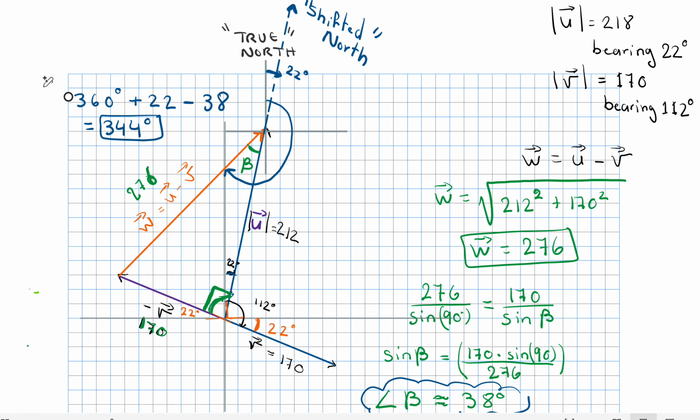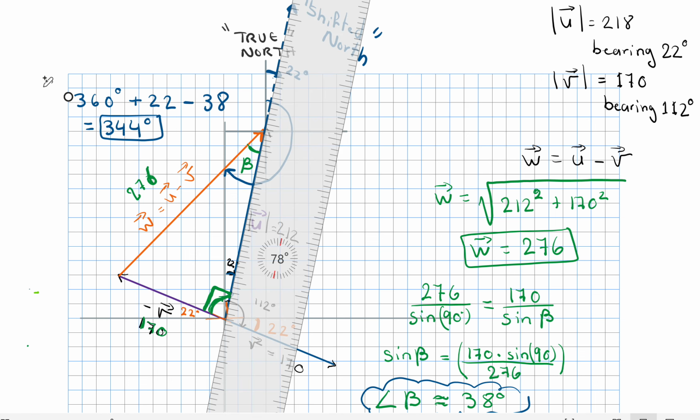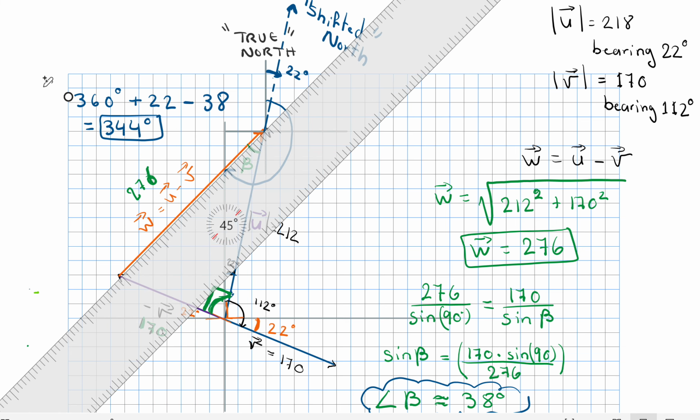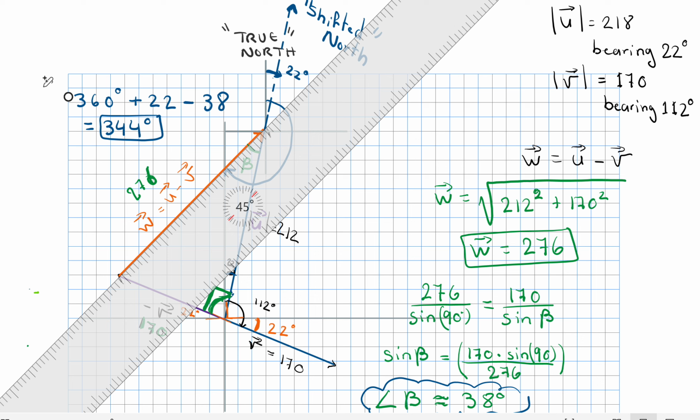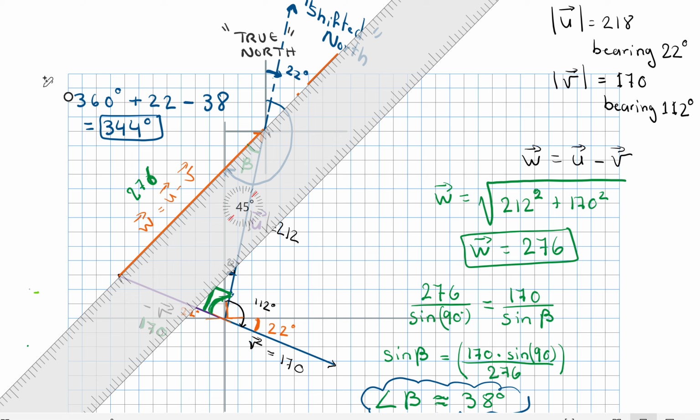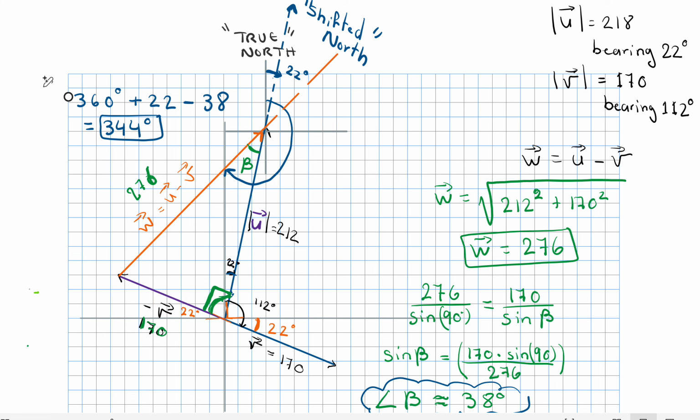Because vector W, let's see if we can extend U. Vector W, right? So this will be my vector W. Extended.